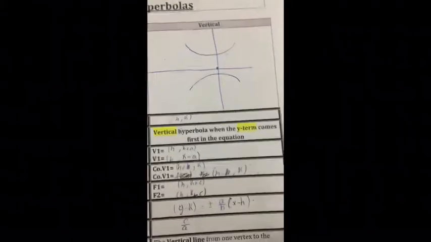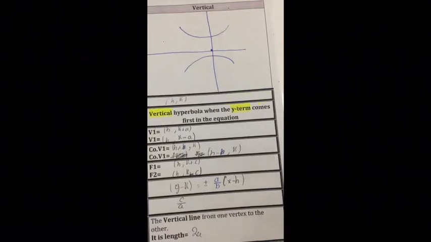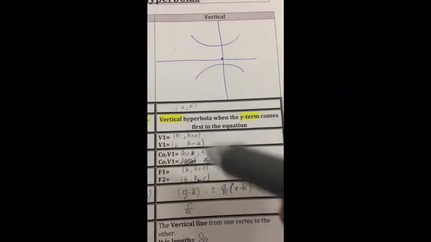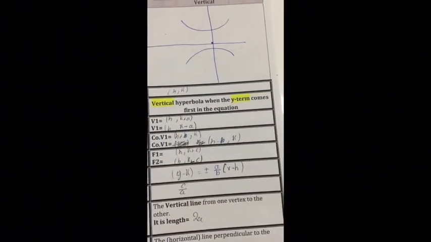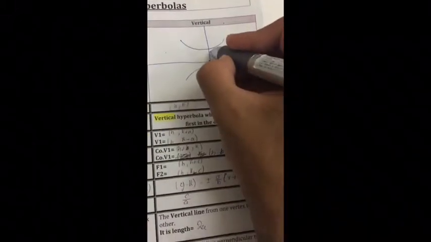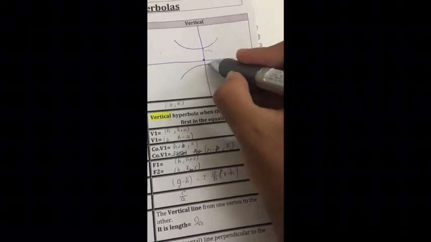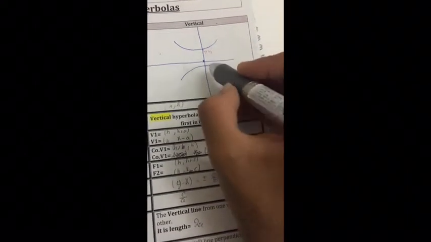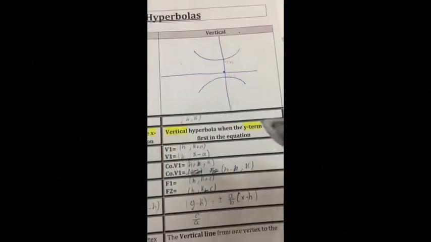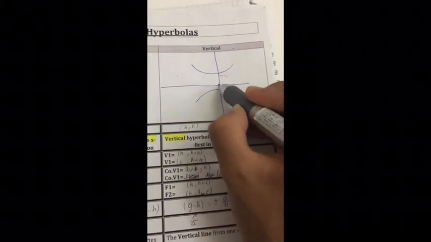In the vertical hyperbola, nothing will change except the direction. V1 will be here and V2 will be here. Sorry, because the drawing is not good. And the center will be here.